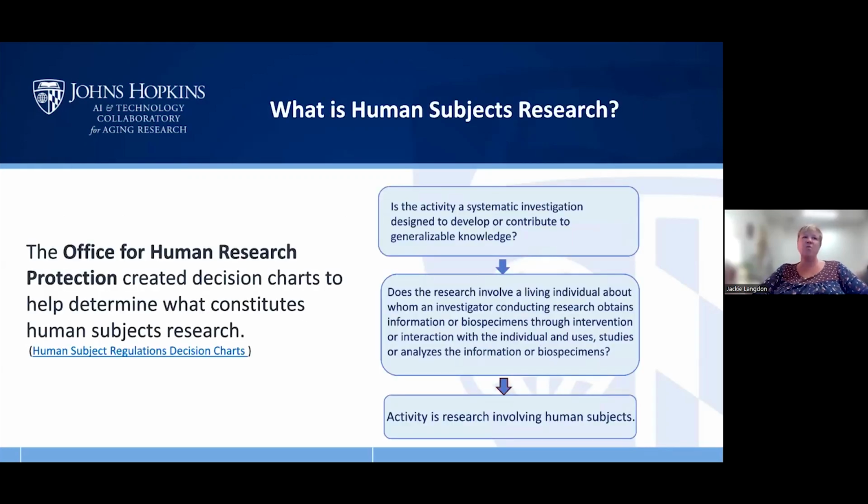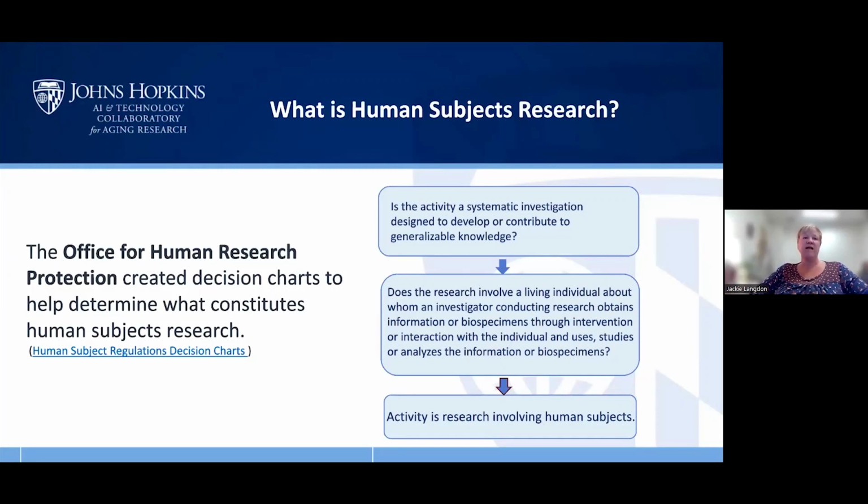All right, so what is human subjects research? The Office of Human Subject Protection created decision charts to help us determine if something is human subjects research. Here's the link again. I'm going to try to have those on most slides. Out of this link, I have just pulled out the boxes that pertain to most of you. If you're applying for an AITC pilot, you're likely going to need older people to determine whether your invention, device, or intervention is working for older people.